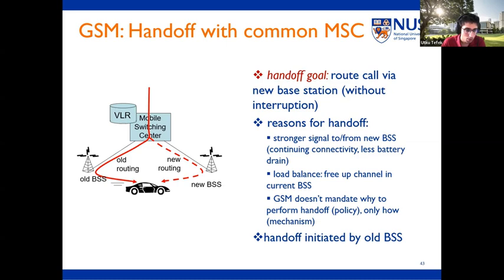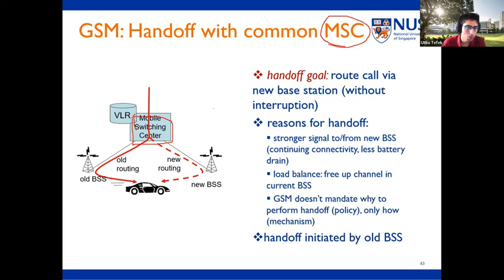In cellular networks, we have a higher degree of mobility. By the way, this MSC is the mobile switching center. It acts like the control center for the network switching system, and it connects the calls between different subscribers by choosing the correct network paths.